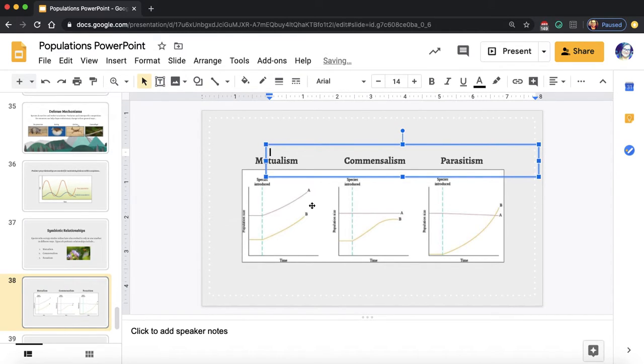So this one is a positive positive relationship. Commensalism is a positive nothing, and I'll get to that in a second. And then a parasite is a positive and then a negative.